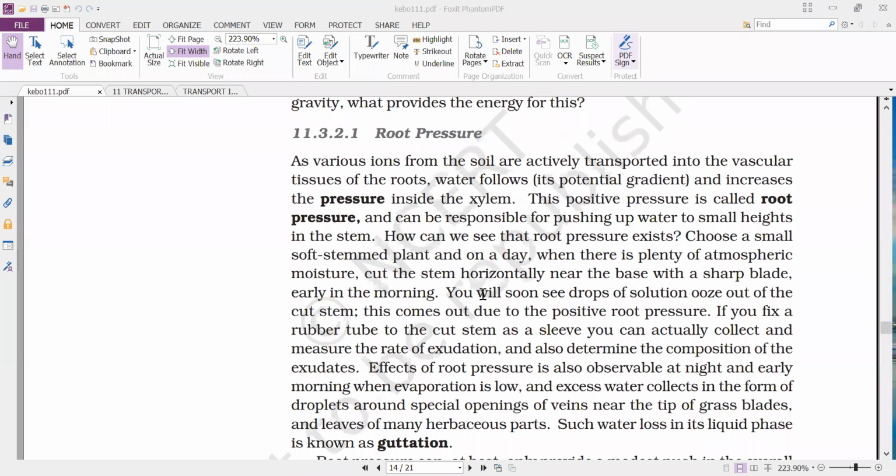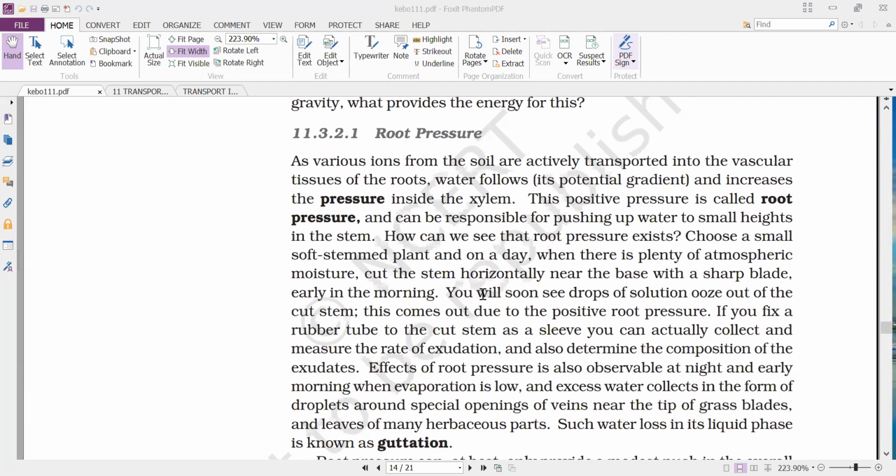What is meant by root pressure? Various ions from the soil are actively transported into the vascular tissues of the roots. The cytoplasm already has a certain concentration. The mineral salts are present in the soil, dissolved in water, forming a soil solution.